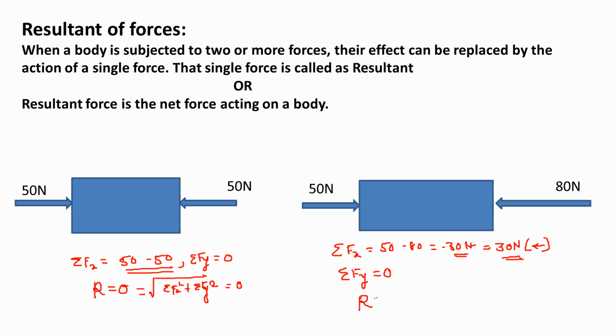And from this, we will get R is equal to square root of summation Fx square plus summation Fy square, it is equal to square root of 30 square plus 0, that means it is 30 Newton. So here the resultant force is nothing but the summation Fx only, as there is no component in the y direction, so summation Fy is 0.